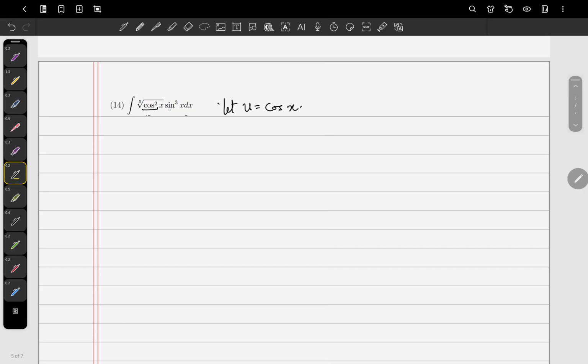So then we want everything to be in terms of cosine of x, except because from here we can see that du is equal to negative sine x dx. So if I need just one sine x out of this, so if my integral is the integral of the 5th root of cos squared x sine cubed x, I can rip out one of the sines.